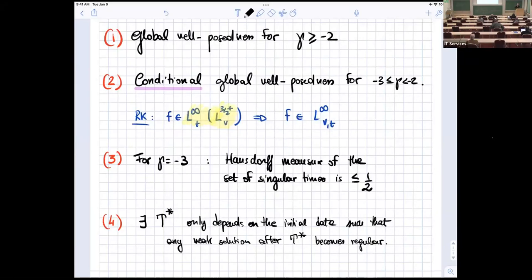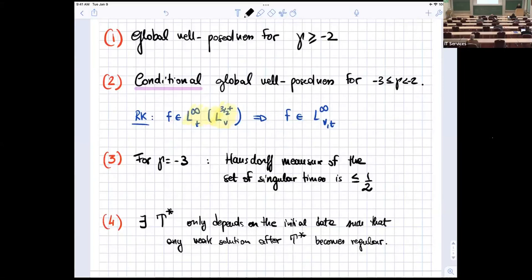We don't know what is happening there. But then at some point there is a T star after which solutions are regular again and will live forever. So if one looks for blow up, it has to be in a certain time interval. And after that, it goes back to being regular and smooth, and they will be forever.